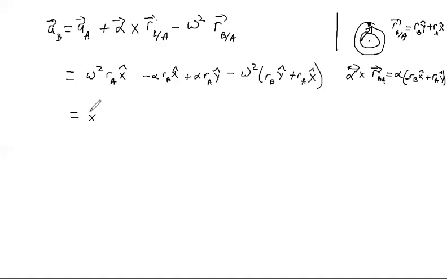Rearranging that, I get x hat times omega squared R_A minus omega squared R_A. Those cancel. And I have this term only in the x direction. And in the y direction, I have both of these two terms.